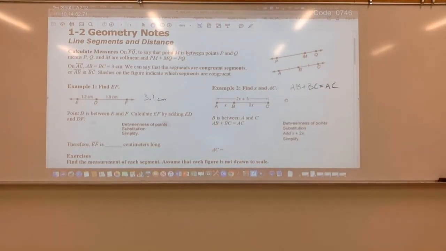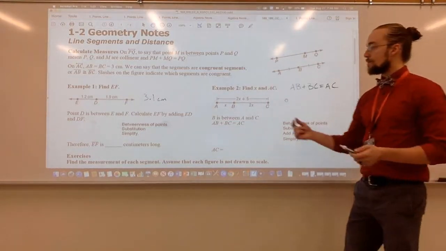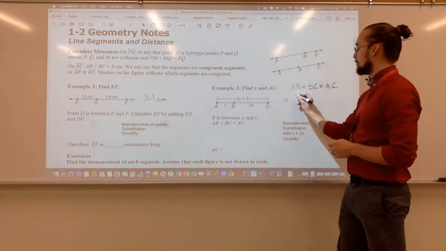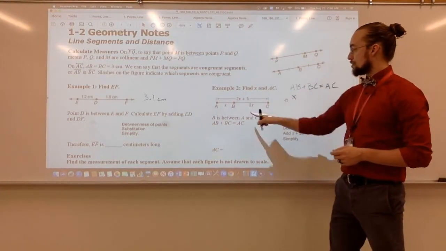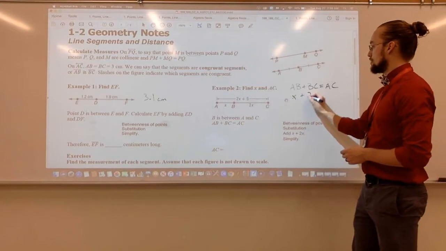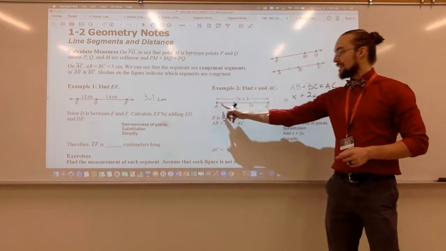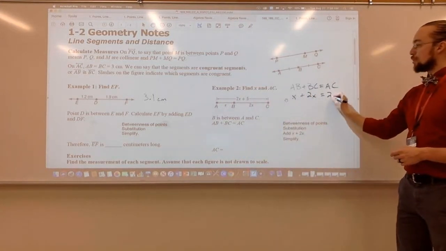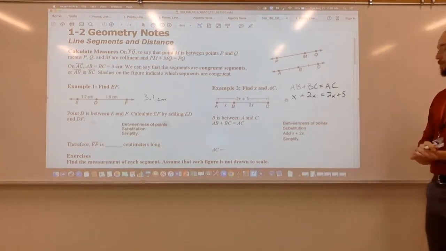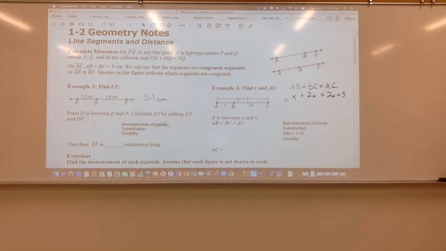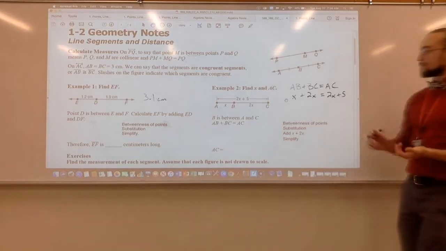Then I'm going to substitute in the values that I know. In this case, those all have variables in them, but I can say that AB is equal to X, BC is equal to 2X, and AC, the whole thing, I'm told is 2X plus 5.